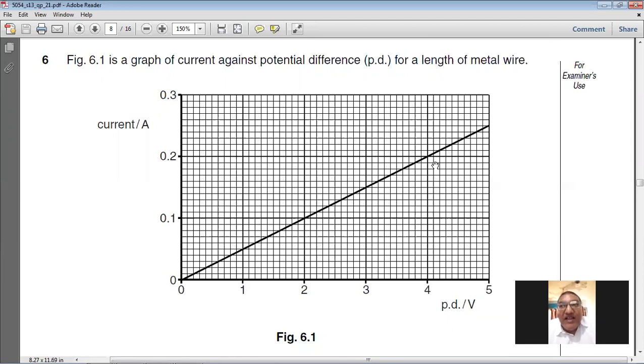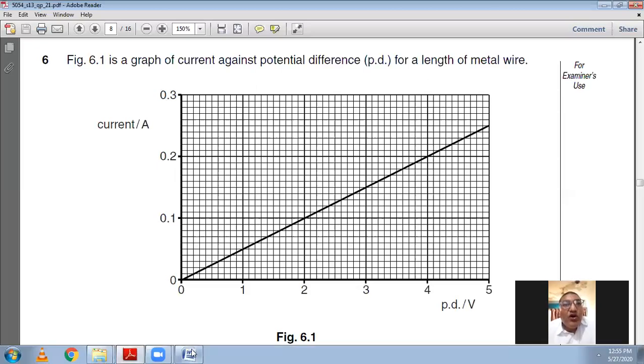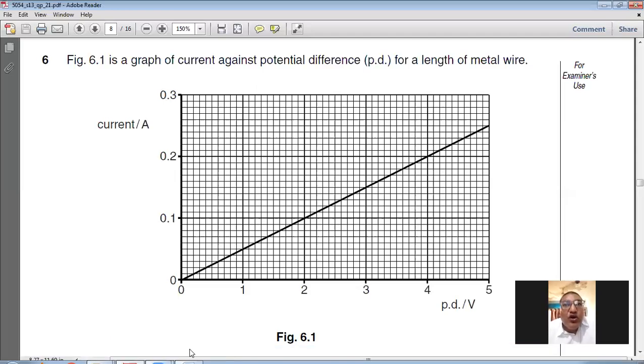Rise divided by run. So it will be 0.2 minus 0 divided by 4 minus 0, equals 0.2 divided by 4. So the slope is 0.2 divided by 4. But we know that the slope of this graph is equal to 1 by R. So 1 by R is equal to 0.2 divided by 4, cross multiplied, and the value of R will be 0.20 ohm. Let me show you my work.